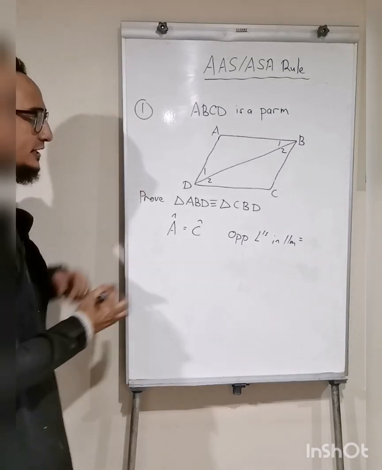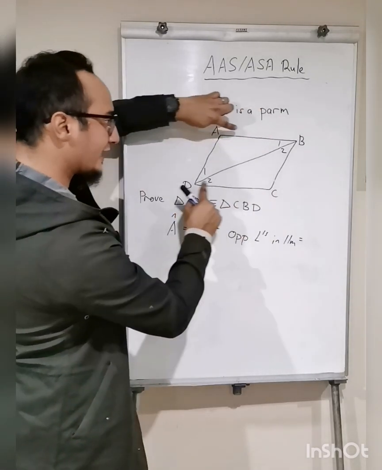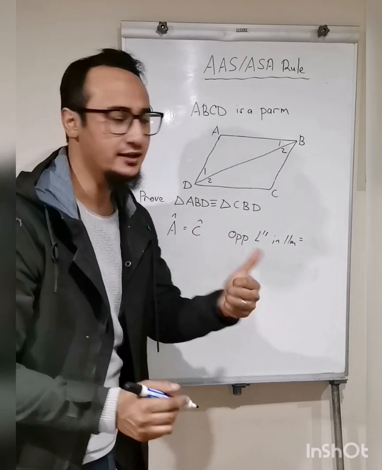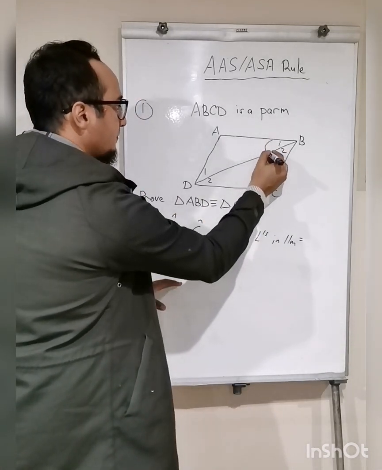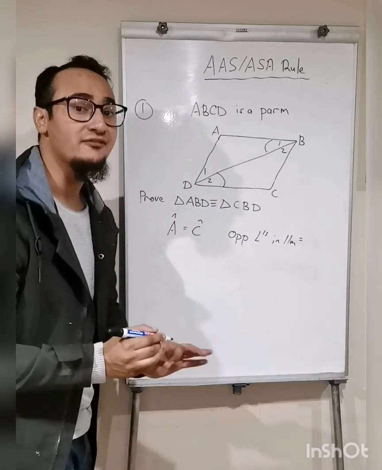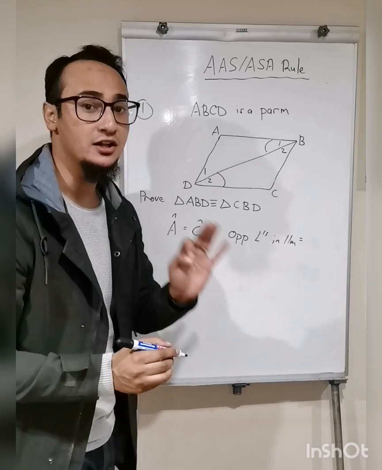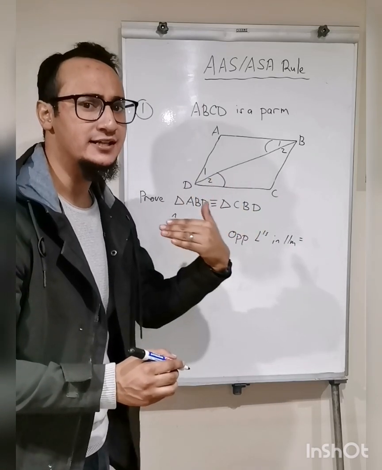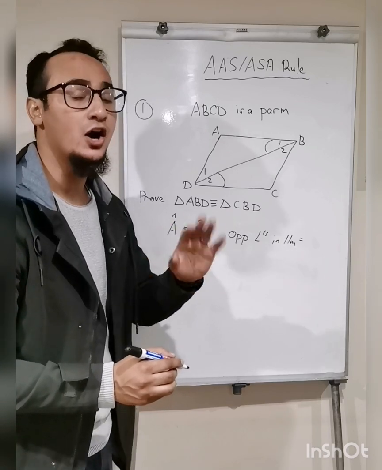The next one I can say, because these lines over here are running parallel, it means I can find angles, meaning angle B1 is equal to angle D2 because of alternate angles. And what does alternate mean? It means exactly the same. If you go down my list of grade 9 lessons, you'll find alternate angles.